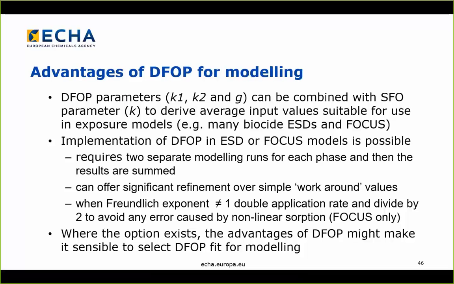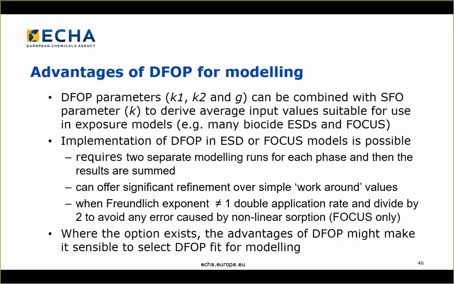That is possible. It requires you to perform 2 separate modelling runs, but remember the DFOP fit, all it does is separate out your mass into a fast degrading compartment and a slow degrading compartment. So you can actually run a DFOP kinetic in one of the ECHA Excel calculators if you want.